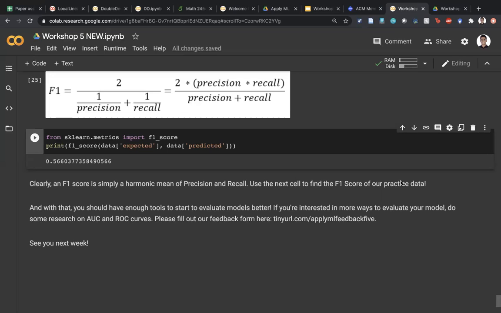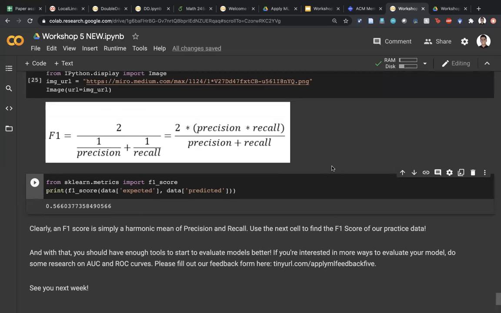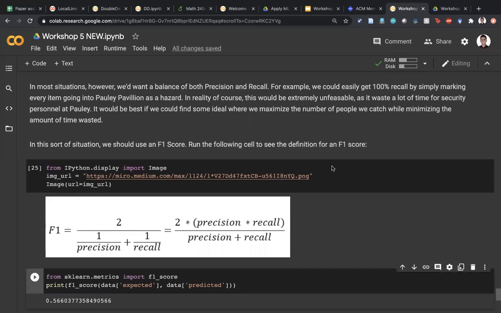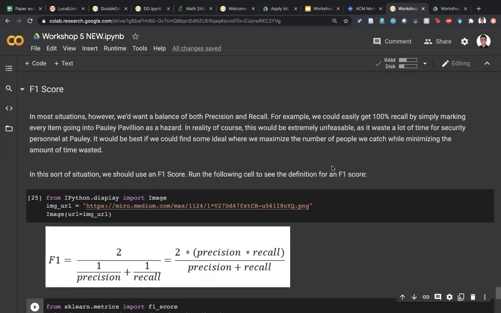What would be a good interpretation of the F1 score in the context of the Polypavilion example? I think in the case of the Polypavilion example, it's tough. We probably want a weighted F1 score that's a little more biased towards recall, just because we don't want hazards to get in.